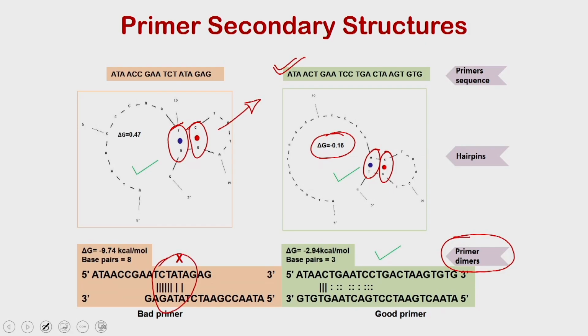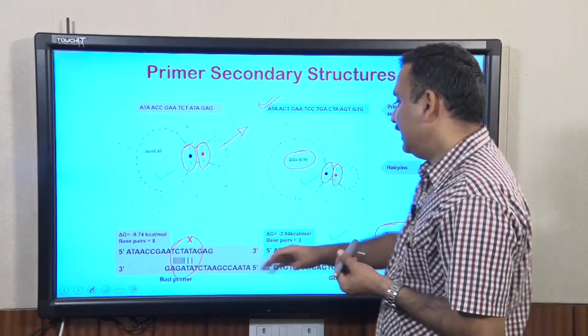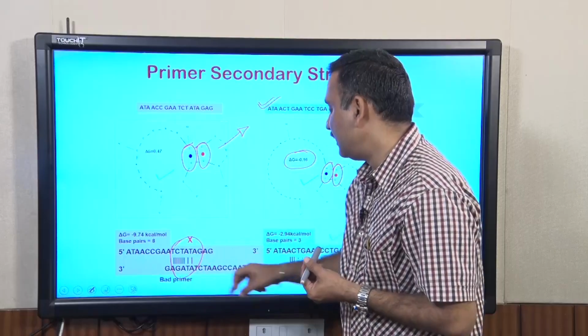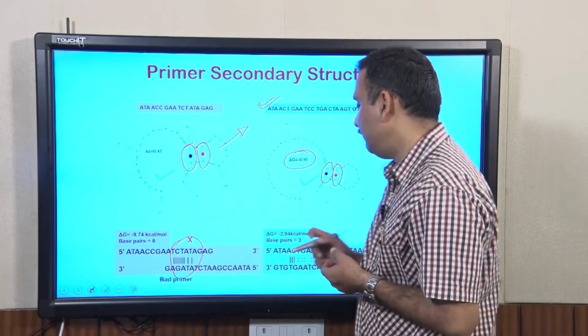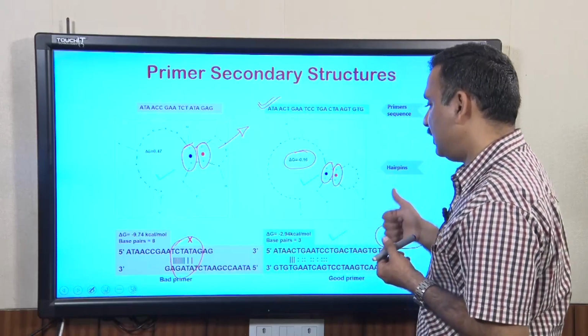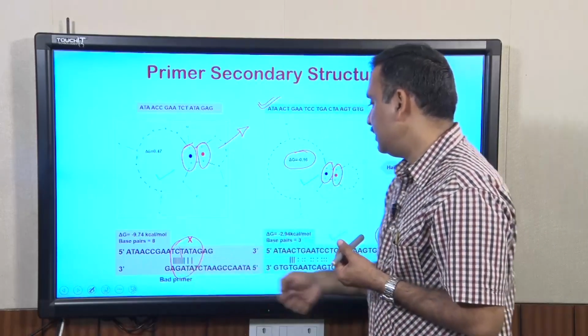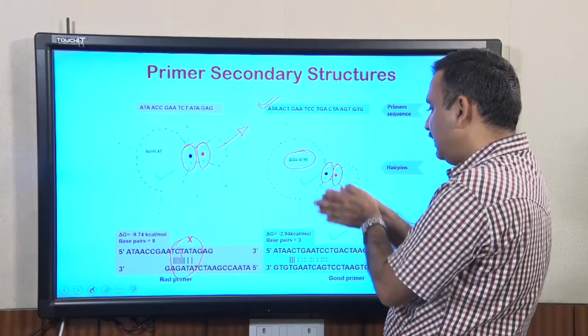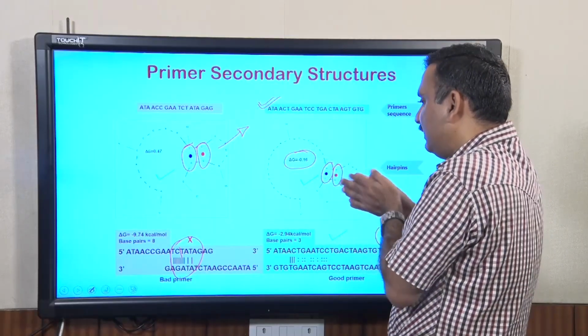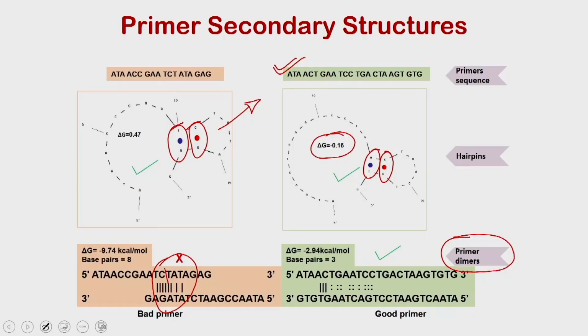And the difference between this sequence and this sequence is that the primer dimer being formed here is very strong, giving you hydrogen bonding between the complementary sequences within a small stretch. So, it is very strong compared to this one.